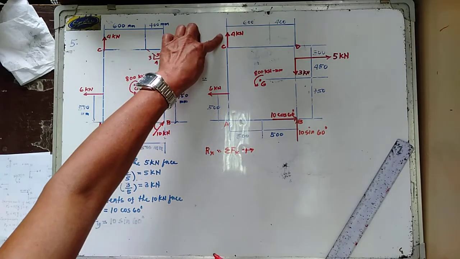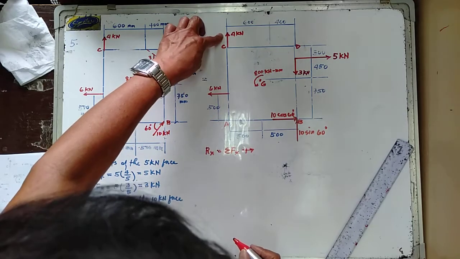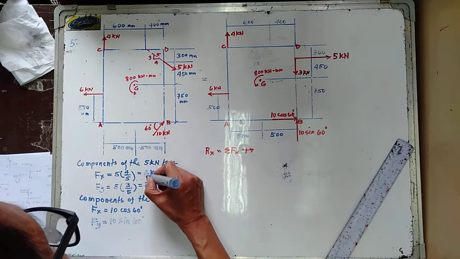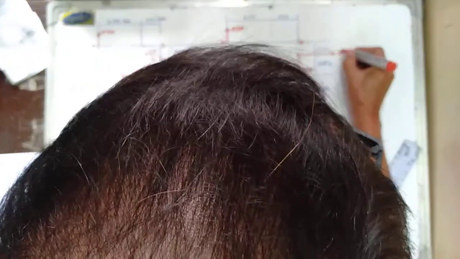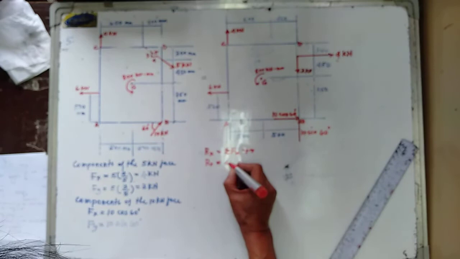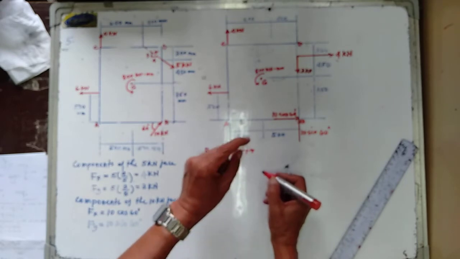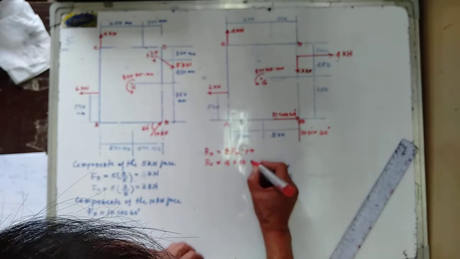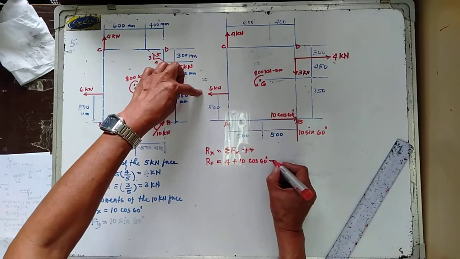We have no horizontal component for one of the forces. So Rx is equal to 4 kilonewtons, plus this going to the right, plus 10 cosine of 60 degrees, and this going to the left, minus 6.